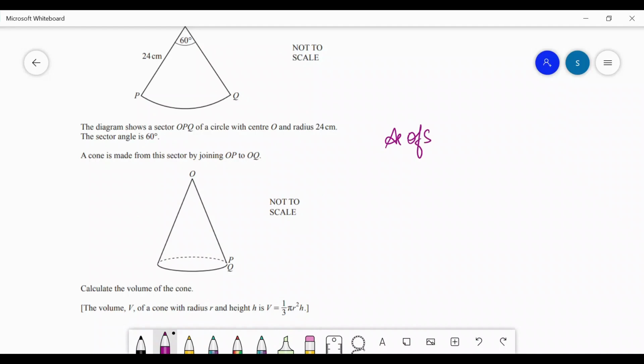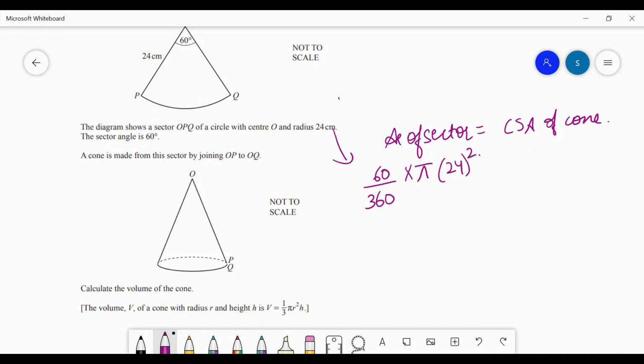Area of sector is equal to curved surface area of cone. Now that would be 60 by 360 into pi into 24 square, because the area of a sector is theta by 360 into pi r square. So I'm using that formula, is equal to curved surface area of cone, which is basically pi R L. That's the formula for it.